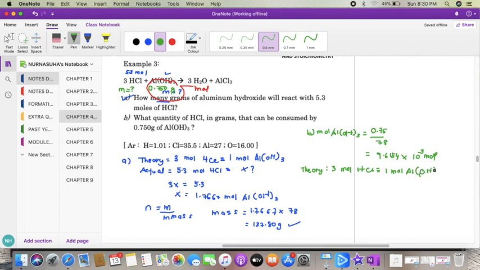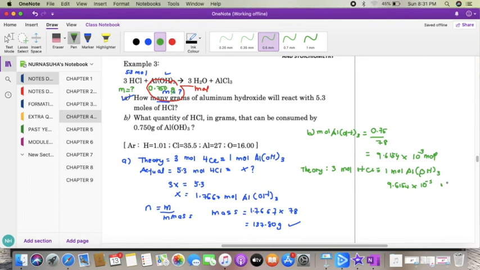Okay, tetapi mol yang awak ada hanyalah 9.6154 eksponen negatif 3.